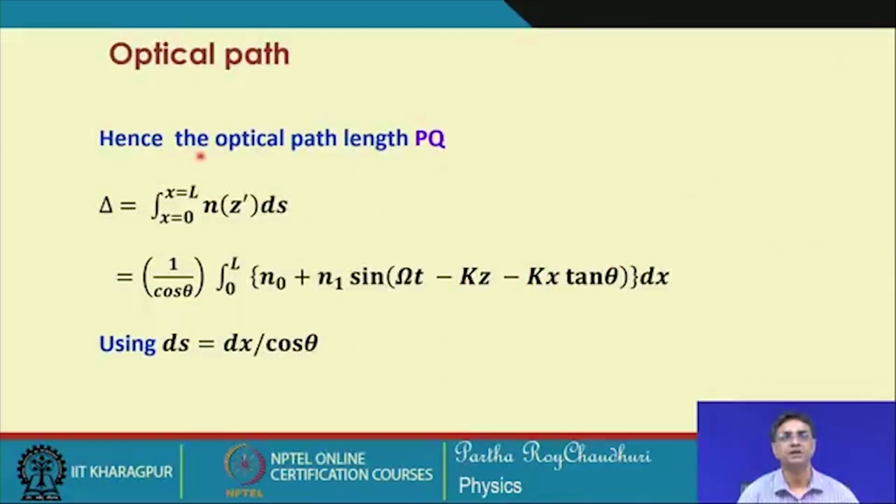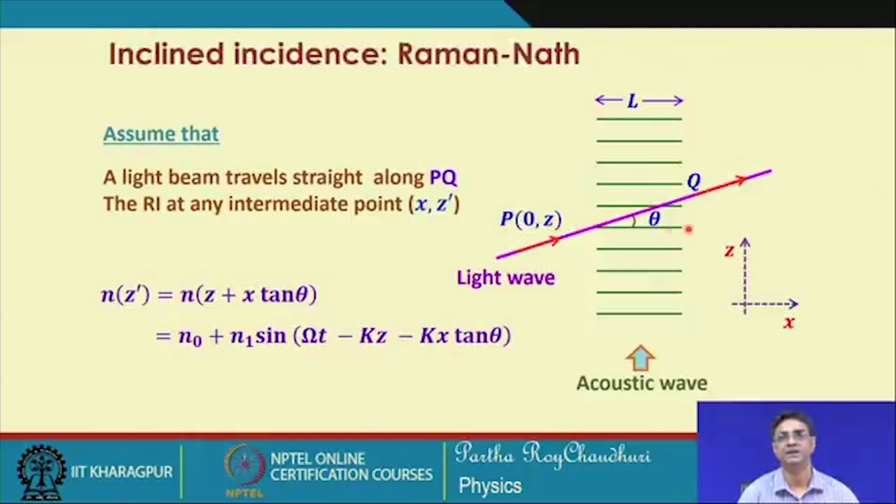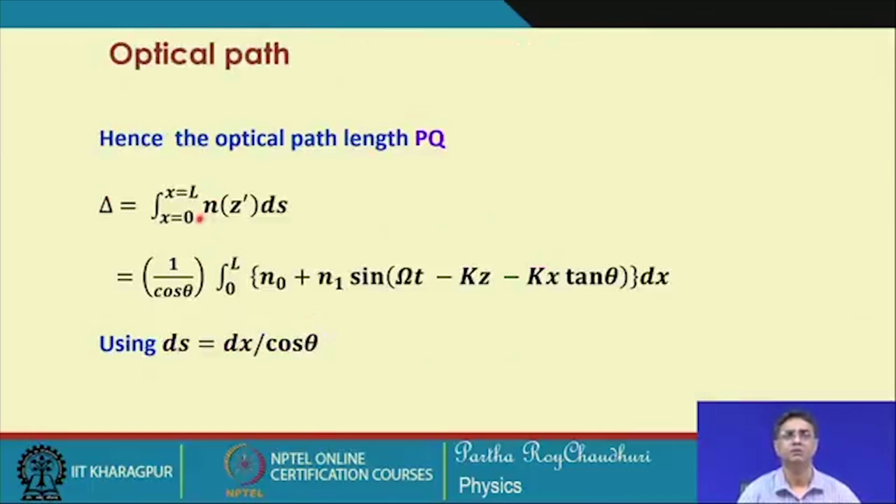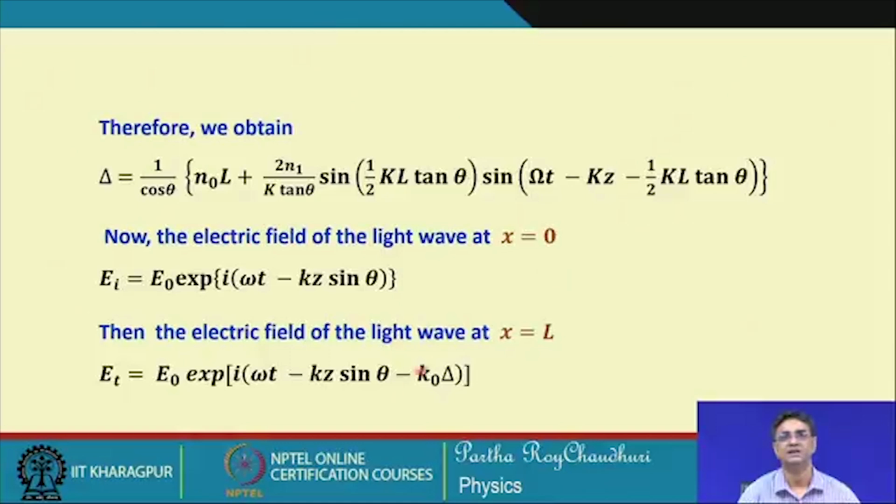Hence the optical path from x equal to 0 to x equal to L, the integrated change in the refractive index, and hence the cumulative phase change, you can write in this form, n0, n1, and then if you do this integration, ds equal to dx by cosine theta, that is the distance.